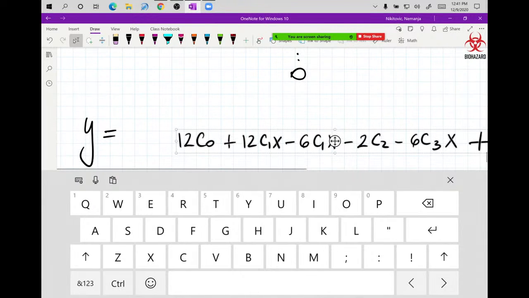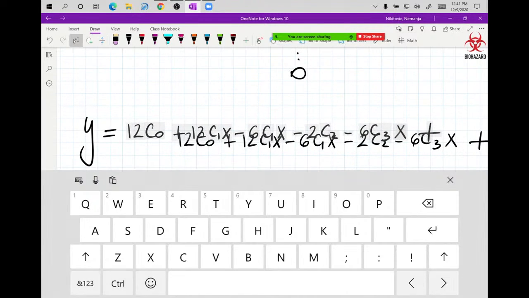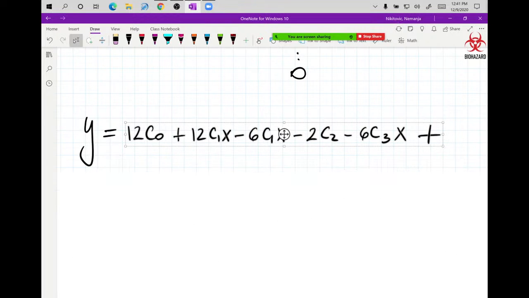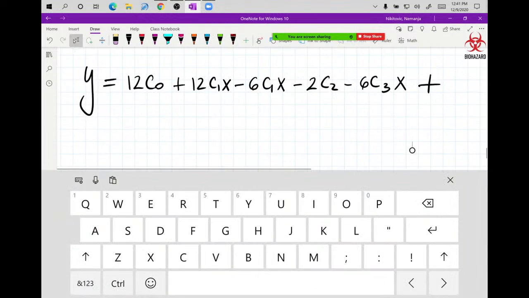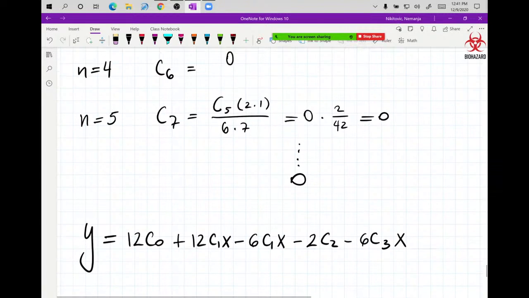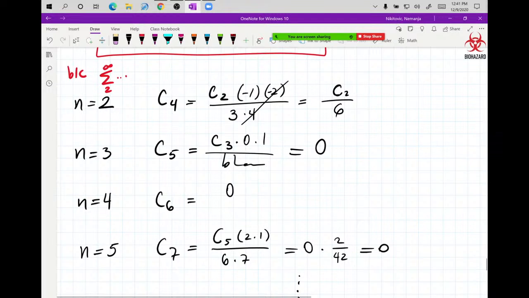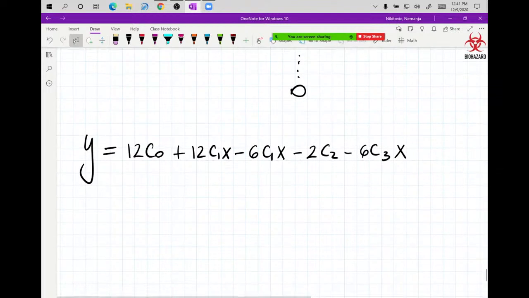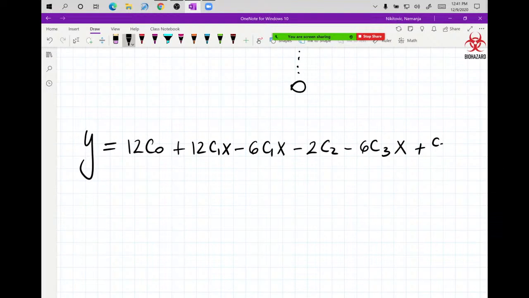There we go. And then over here at the end, I will have this one, C2 over 6, with the x squared on it.